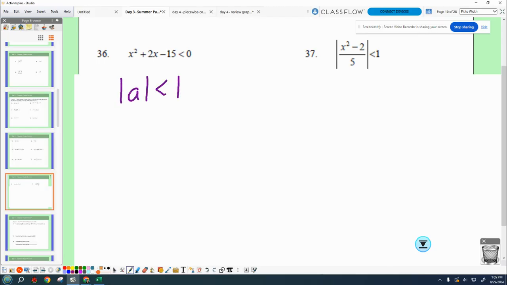So yesterday, when it was an equal sign, either A was 1 or A was -1. Well, now that it's an inequality, either nothing changed, A was less than 1, or the opposite of A was less than 1.